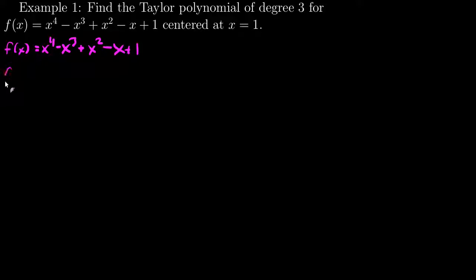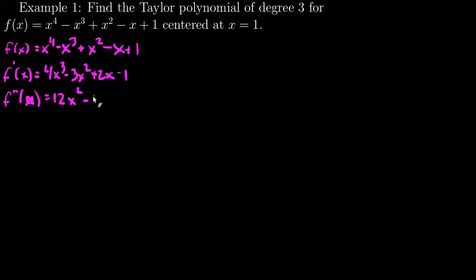I need f prime of x, which is 4x cubed minus 3x squared plus 2x minus 1. I need the second derivative of f, which is 12x squared minus 6x plus 2. And since I have a degree 3 Taylor polynomial, I need the third derivative, which is going to be 24x minus 6.